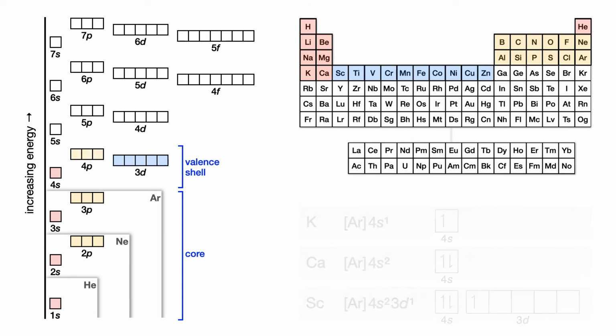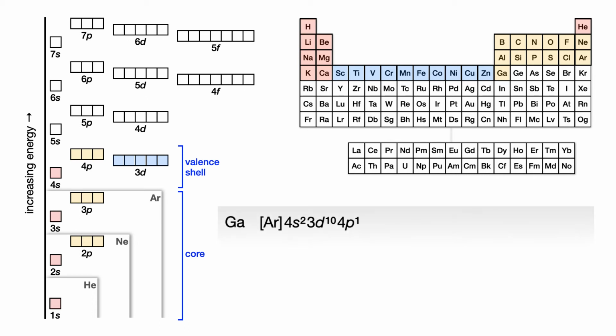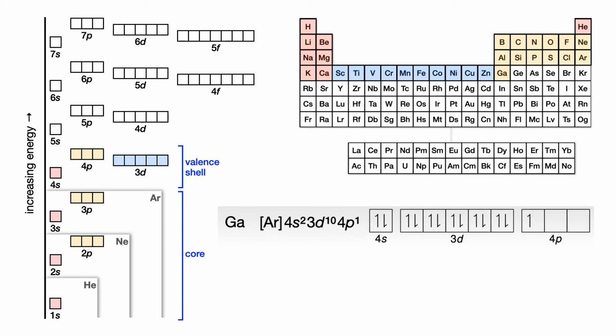And then when we get to the next element, gallium, we'll put an electron into the next sublevel, which is 4p. It has a configuration of argon 4s2 3d10 4p1. This is its orbital diagram. And then the next 5 elements, germanium, arsenic, selenium, bromine, and krypton, will just go into filling in the 4p sublevel.